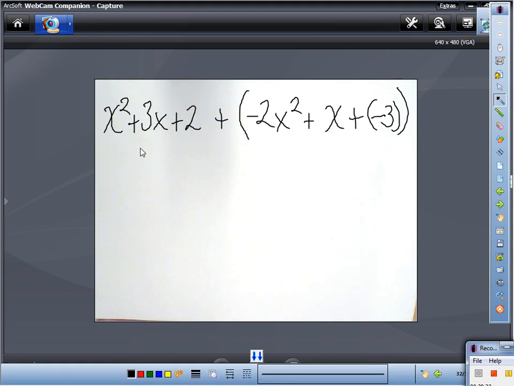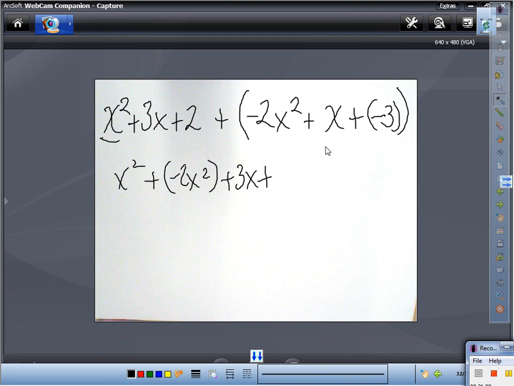Look up. Look. X squared plus negative 2x squared. Next. 3x plus x plus 2 plus negative 3.